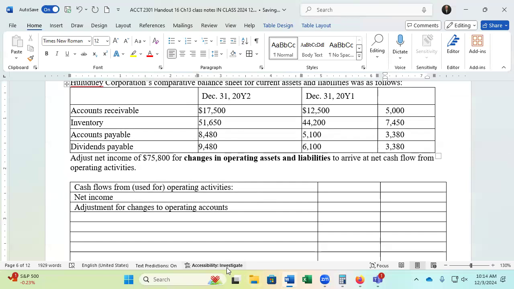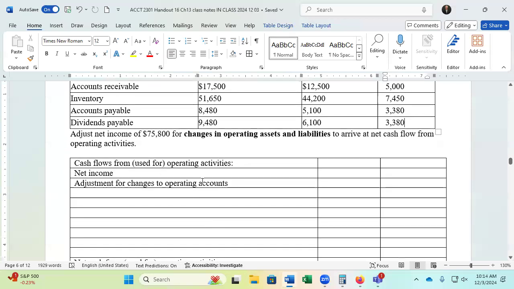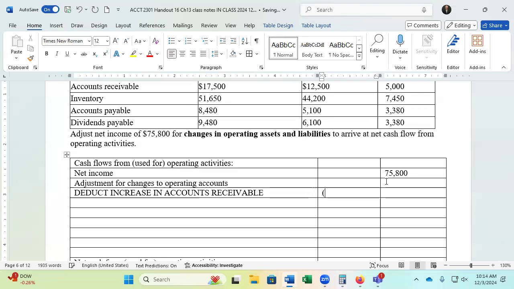Okay, so we're starting with our net income, and we have 75,800. And then we have the adjustment for changes to operating accounts. And so we have to deduct an increase in accounts receivable, and we said that was 5,000.